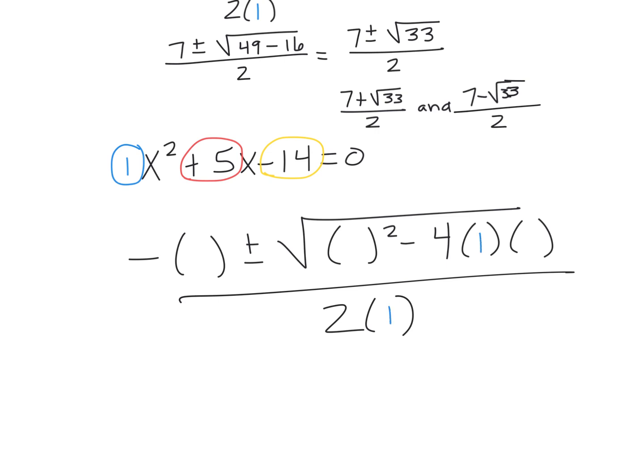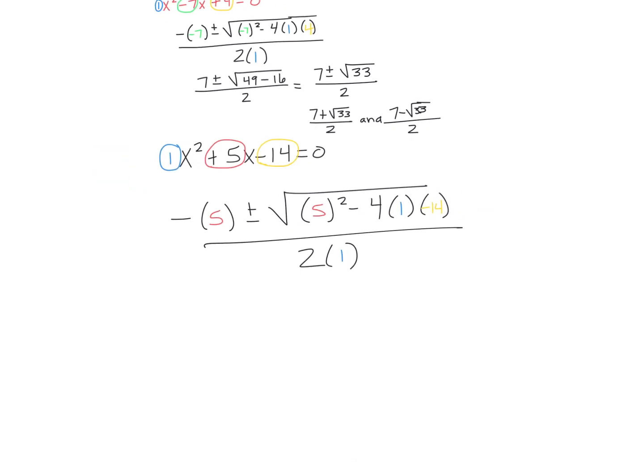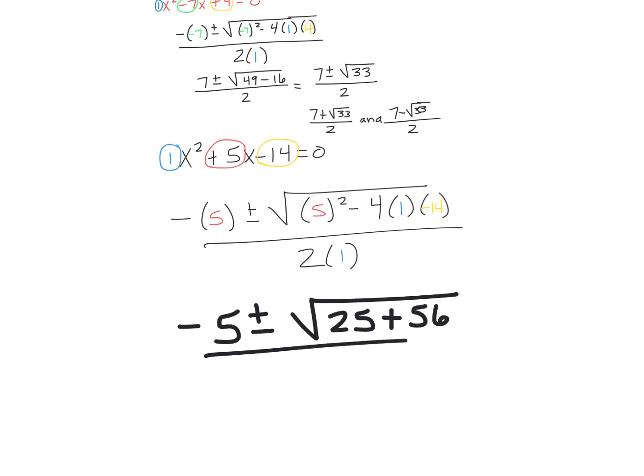I just do it to keep things organized, especially if there are negative numbers involved. Okay, so I'm going to have negative 5 plus or minus the square root of 25 plus 4 times 14, which is 56, over 2.